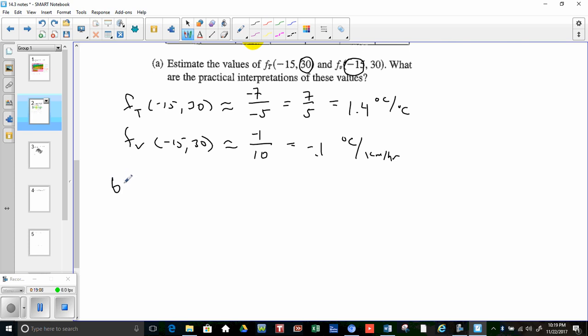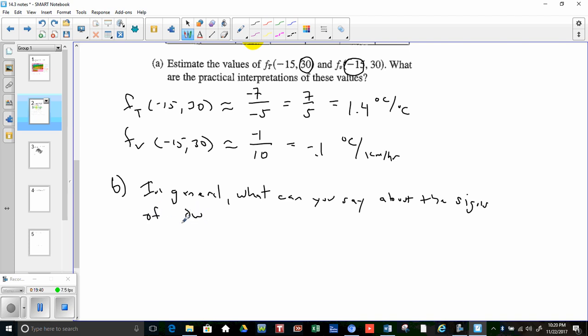All right, part B that we want to do here is, in general, what can you say about the signs of the partial of W with respect to T and the partial of W with respect to V. So what we're trying to figure out is, is this positive or negative?